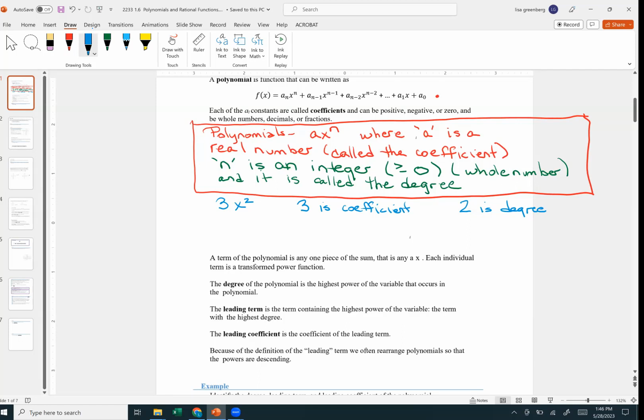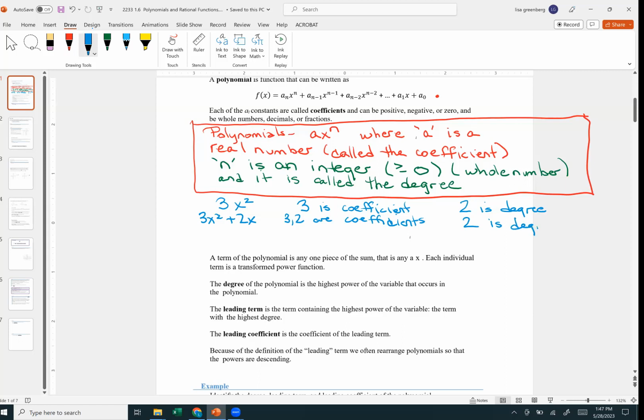If I were to say 3x squared plus 2x, now we really do have two coefficients. So 3 and 2 are coefficients. But we still have a degree of 2.